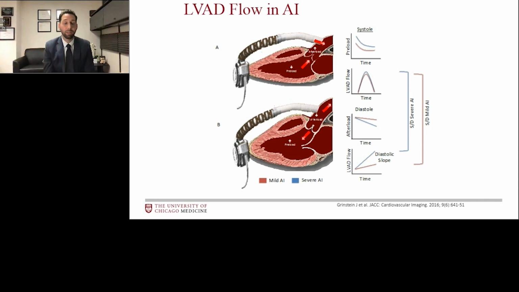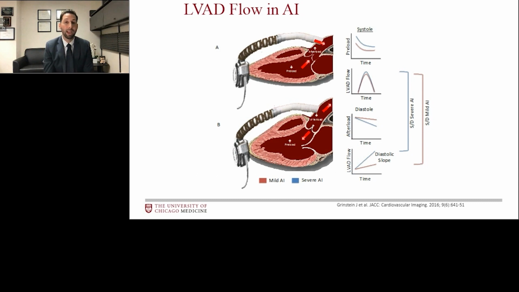Now let's focus on the bottom to look at diastole. With diastole, we have, again, antegrade flow down the aorta, but also retrograde flow back into the left ventricle. So the afterload, or aortic pressure, dissipates very quickly. You can see that the blue line has a more pronounced drop in afterload, which then translates into a more abrupt rise in diastolic LVAD flow compared to the red curve.